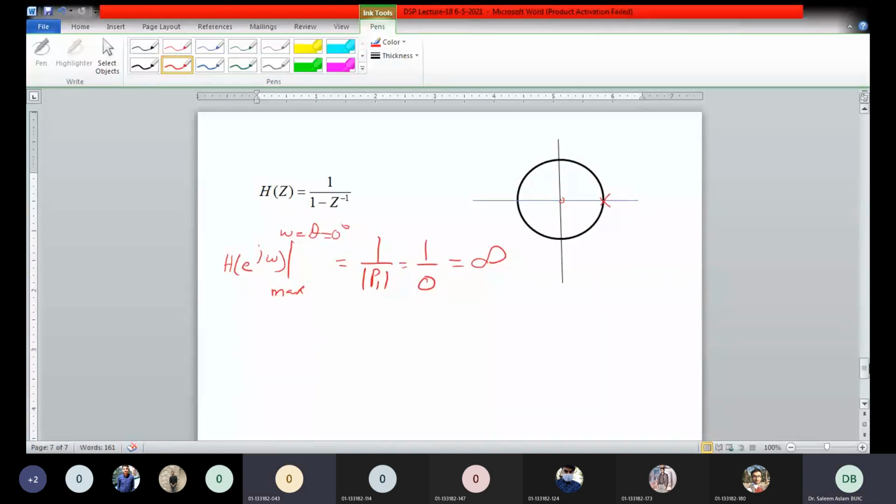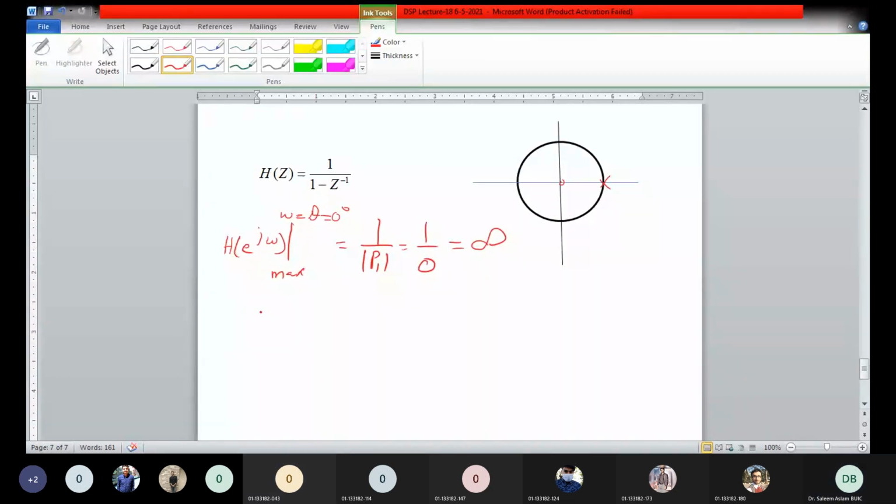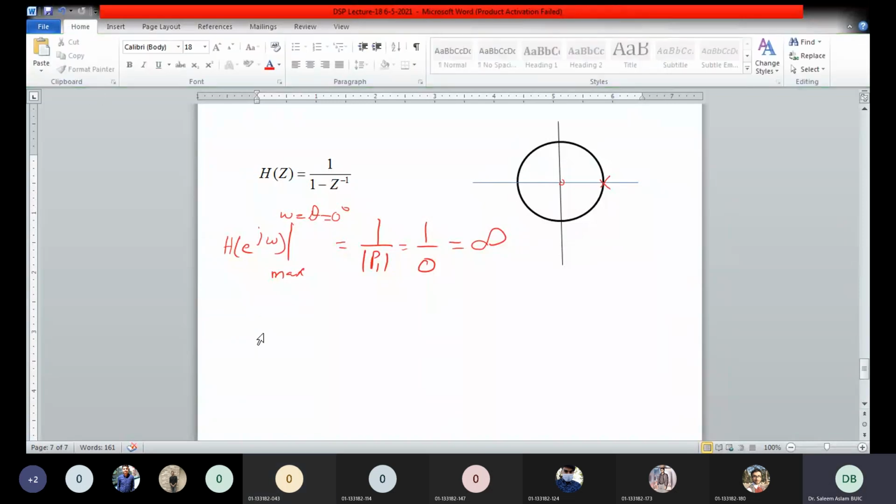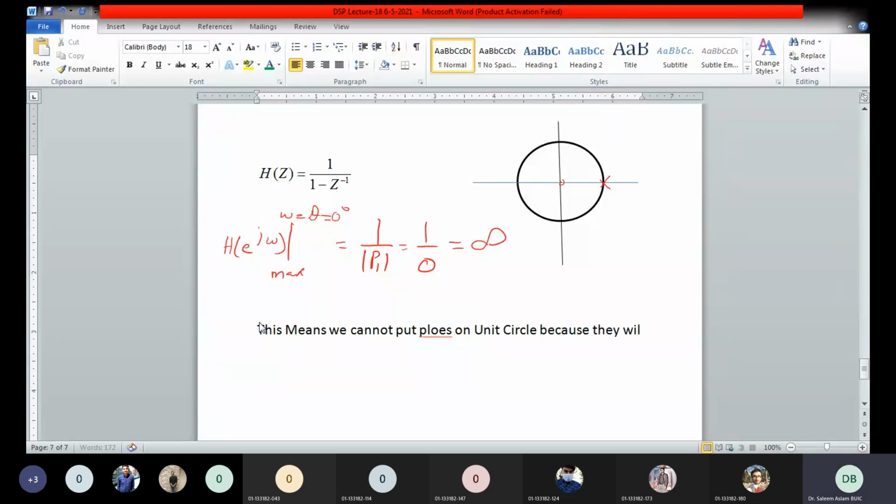Yes, sir. So this means we cannot put poles on the unit circle because they will make our response infinity.